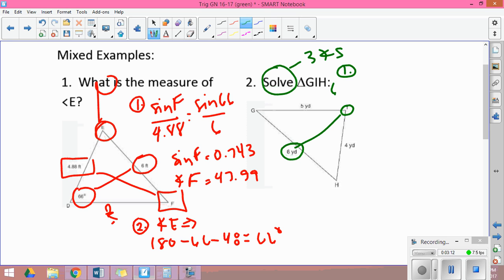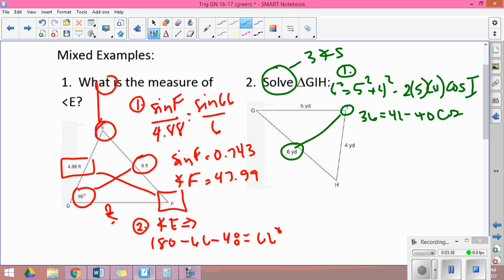So we have 6 squared is equal to 5 squared plus 4 squared minus 2 times 5 times 4 times the cosine of I. So when I work that out, I end up with 36 is equal to 41 minus 40 cosine of I.